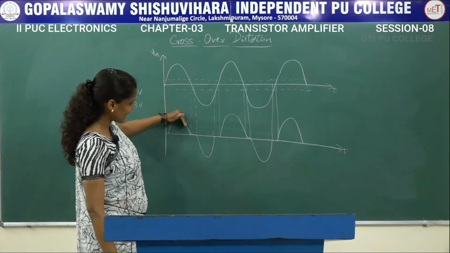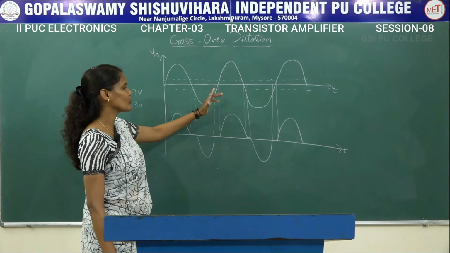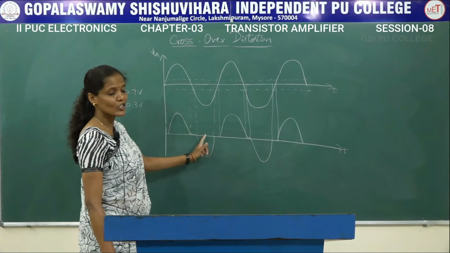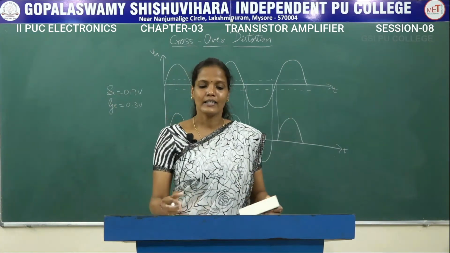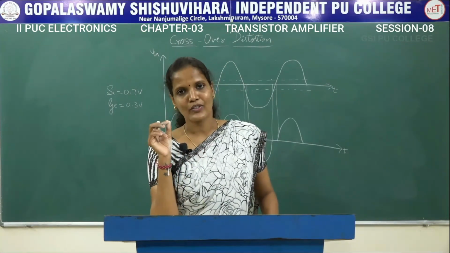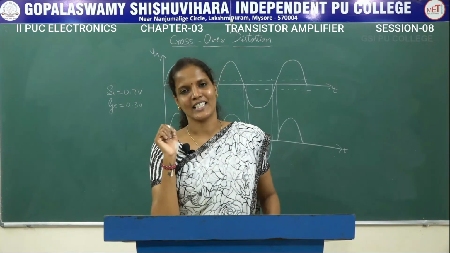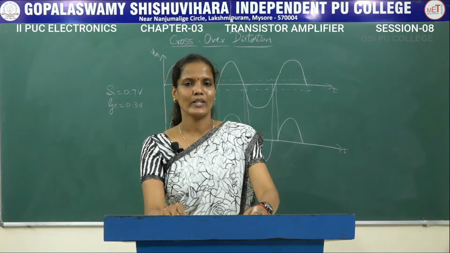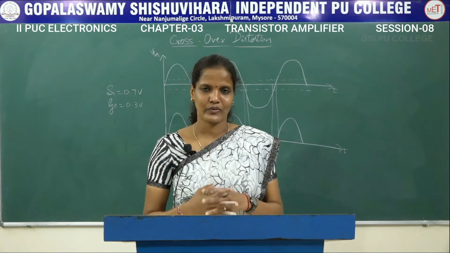That is, at the time the signal crosses from positive to negative or from negative to positive, there is distortion in the signal, and that distortion is called the crossover distortion. At that point, neither of the transistors will be conducting, and the resulting distortion is called the crossover distortion. Clear? Now it's time to have a look at part 2 of the session.